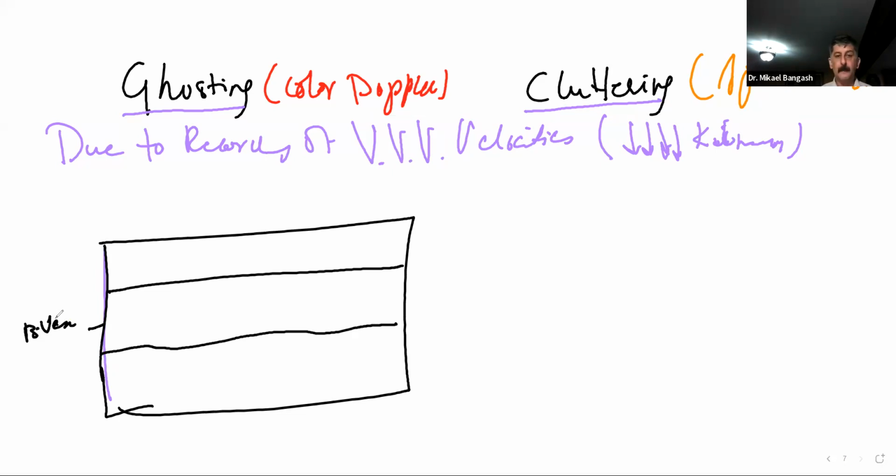We say that we have a color map. Just to make it simple, this is a color map that we have.